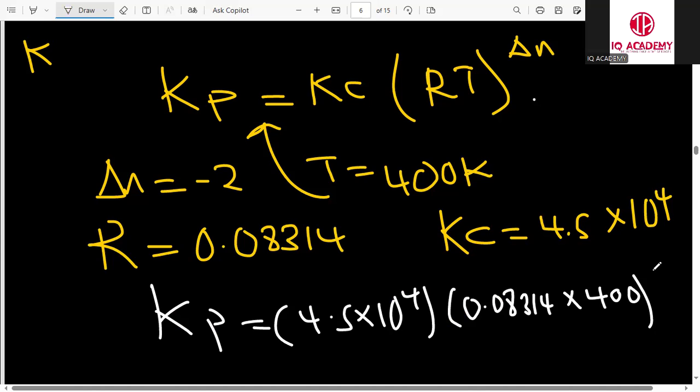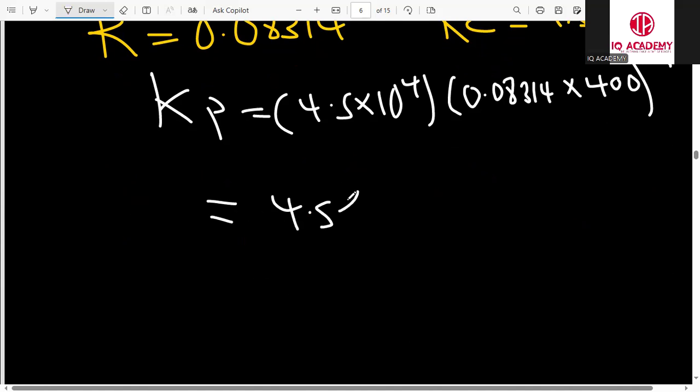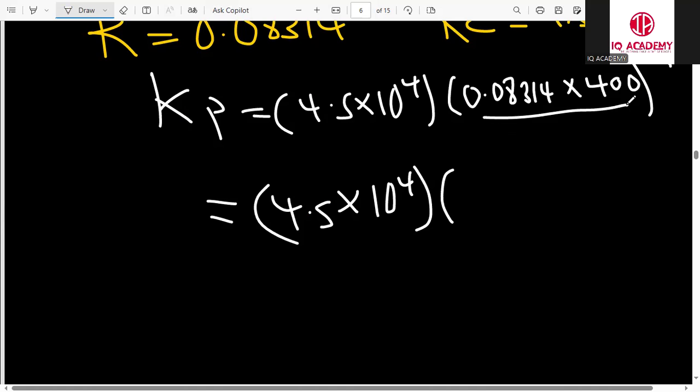And then we are raising this to the power change in N, which is minus 2. So what remains here is just to simplify this on your calculator. Let me keep this constant first, and then I multiply those two in the brackets.